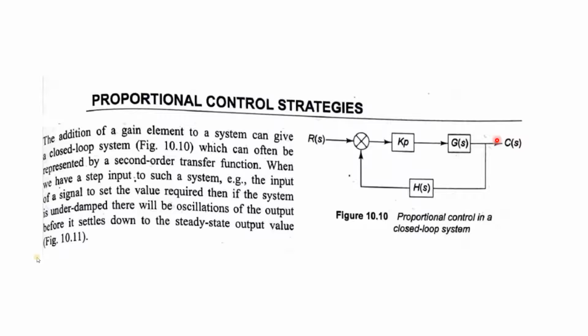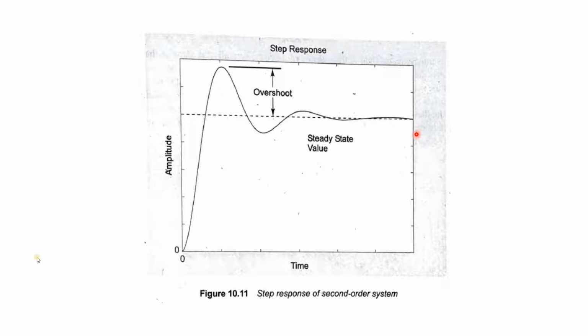So in the proportional controller, we have seen that it is nothing but a gain, where some amount of gain is multiplied, which results in reducing some of the error.